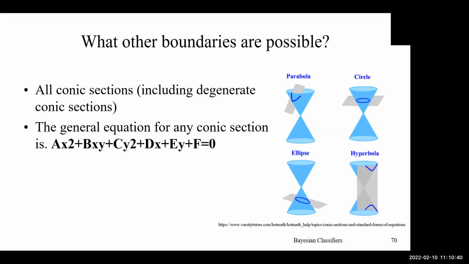If it is horizontal, you get a circle. If it is almost horizontal, but a little bit tipped, but not enough to hit the other cone, that's your ellipse. And if it's vertical or almost vertical, it's a hyperbola.